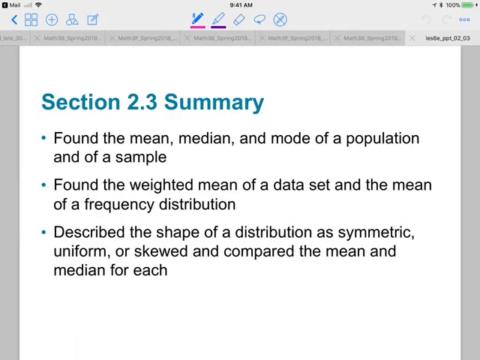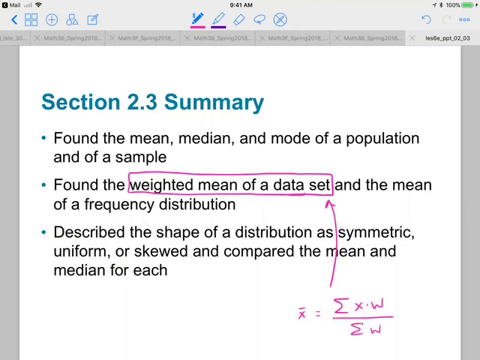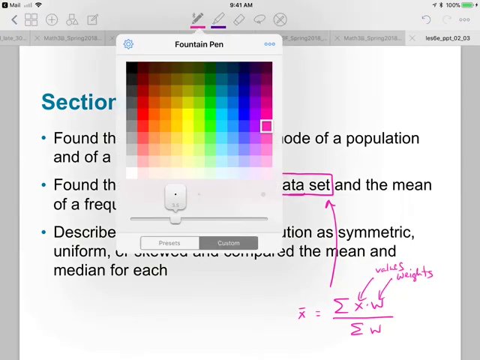Okay, so in summary, we've found the mean, the median, and the mode, right? Those are 3 different ways to describe the center of a distribution, 3 different ways to describe a typical value of a data set. Okay, we talked about the weighted mean of a data set. Do you remember the formula? The formula is x bar equals the sum of x times w over the sum of w. So here the w's are weights, and these are the values. And we found the mean of a frequency distribution.